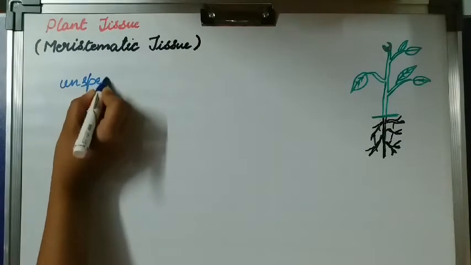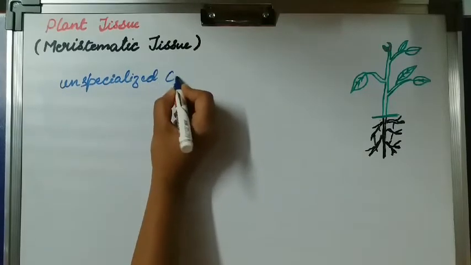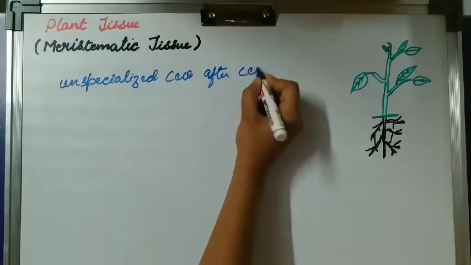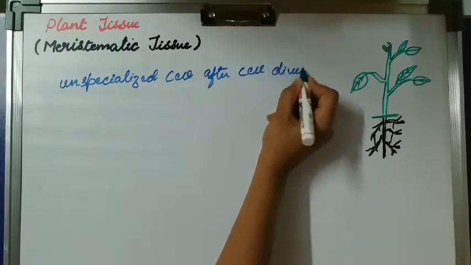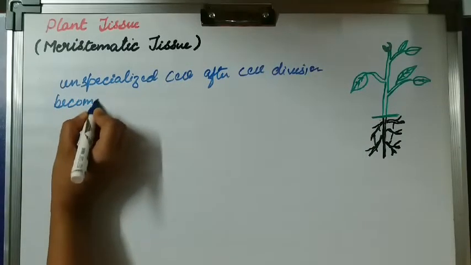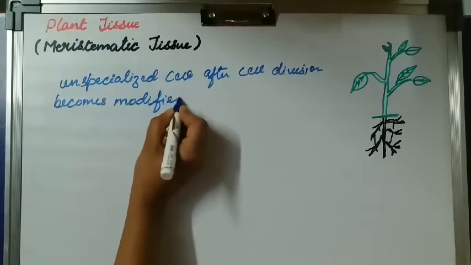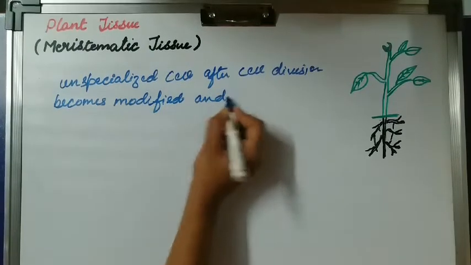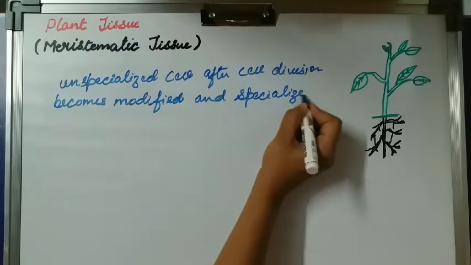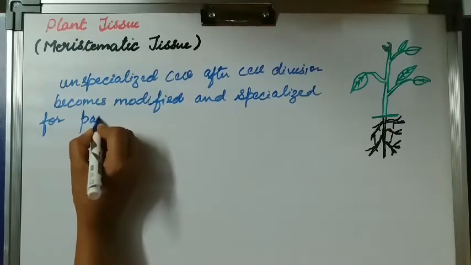Unspecialized cell after cell division becomes modified and specialized for a particular function.